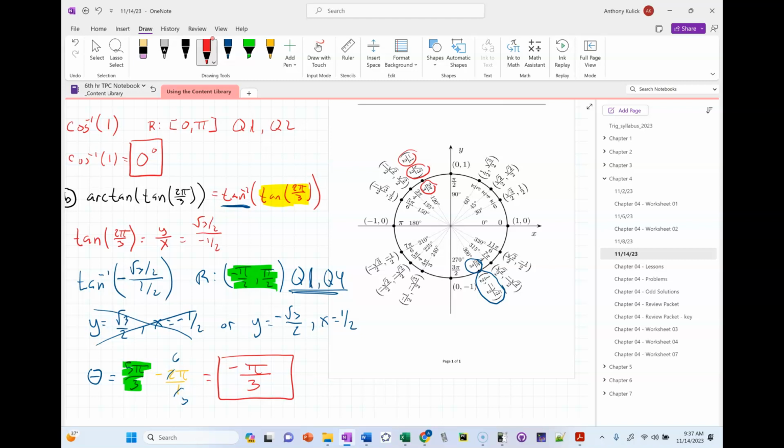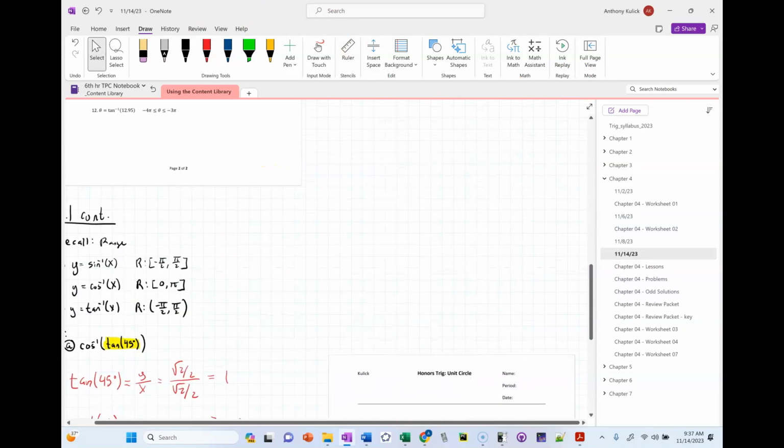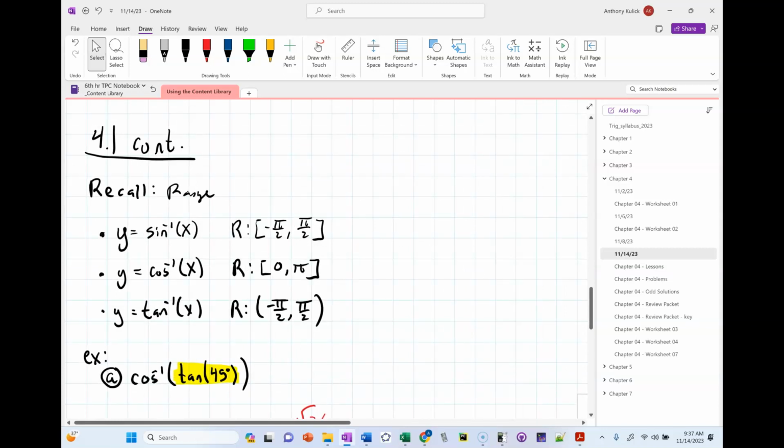And there's my answer. What do you guys think on this? Not too bad, right? Basically just using the unit circle like we've done in chapter 2 and then also with worksheet 2, but we're layering 2 problems together now. The thing you have to remember is that we're using the ranges for our trig functions.